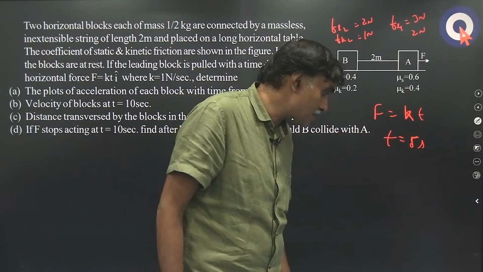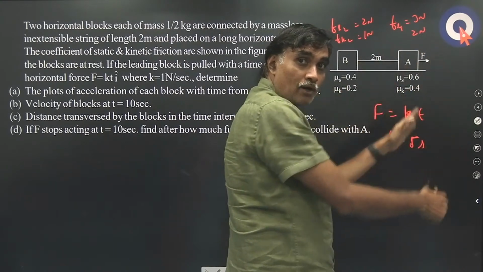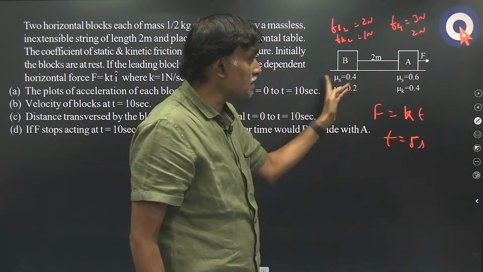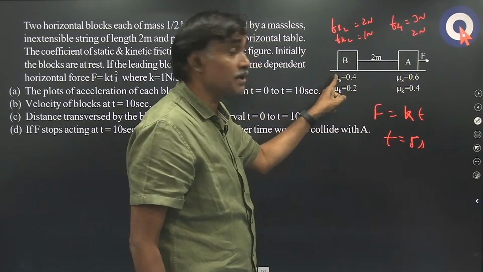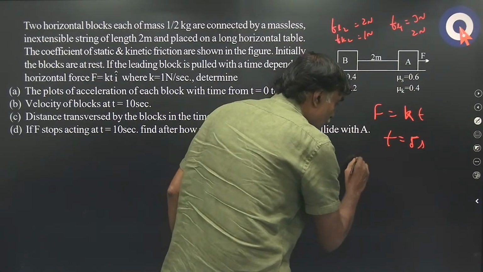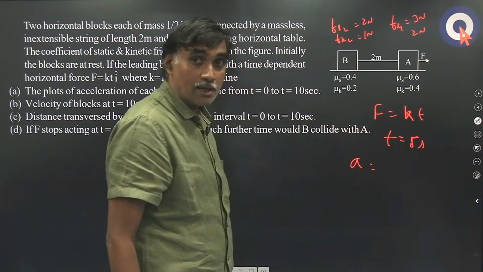So at 5 seconds they start moving, and once they move, what type of friction acts? It is kinetic friction. At both surfaces it is kinetic friction. So how much friction acts here? 2 Newton. How much friction acts here? 1 Newton. Then what is the acceleration now? Acceleration is net force by total mass. What is the net force?